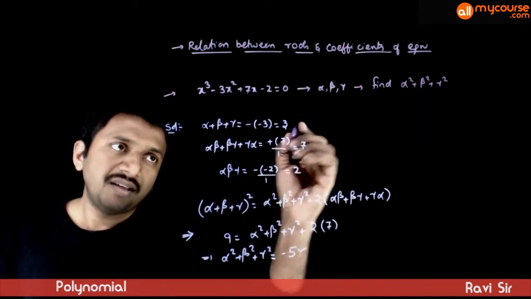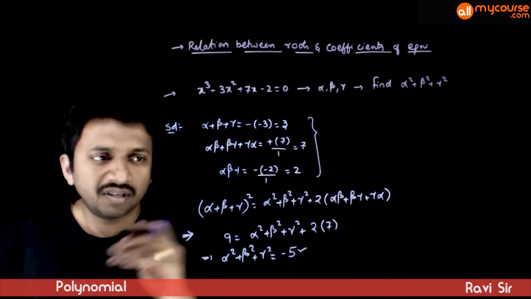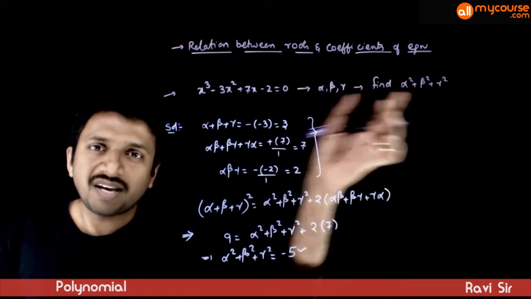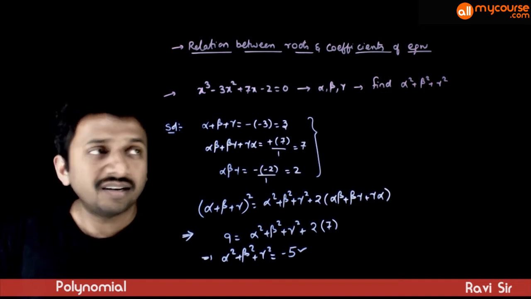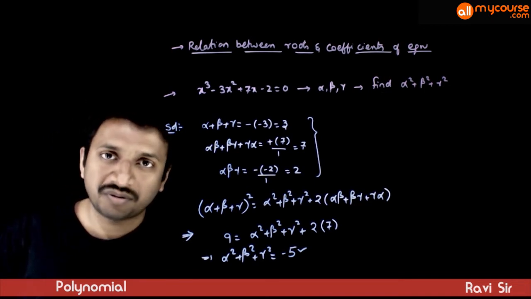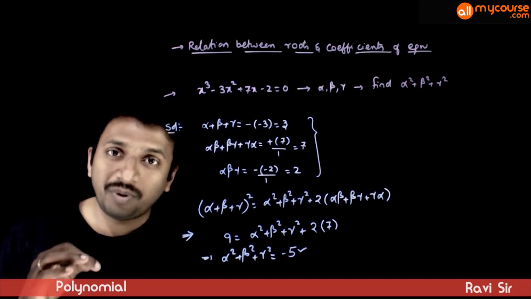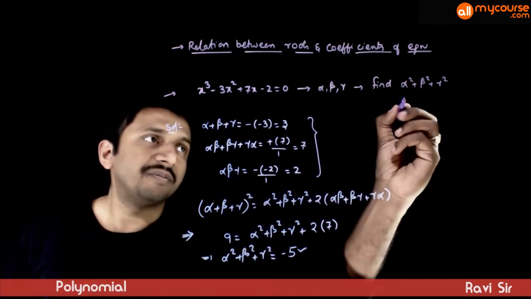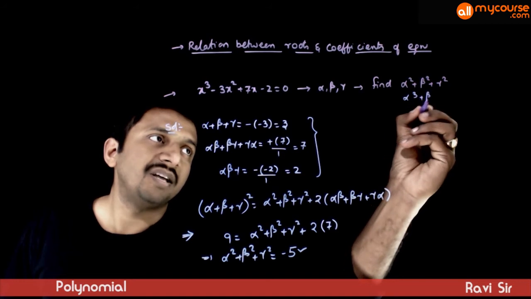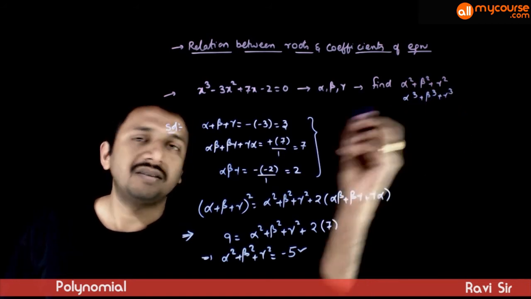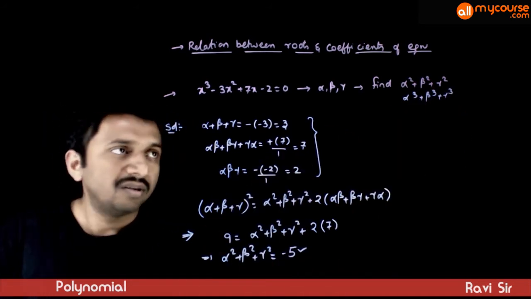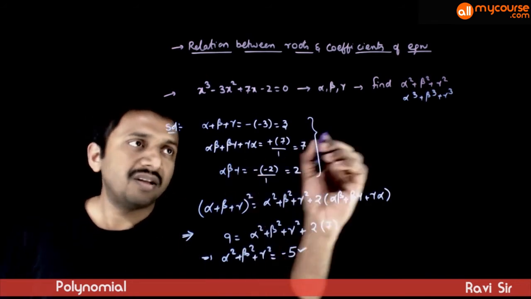So in this way, using the relations that we have, we can derive various expressions that can be formed using roots. So if you are asked to find alpha cube plus beta cube plus gamma cube, apart from this, how do we do it? We can use our formulas.